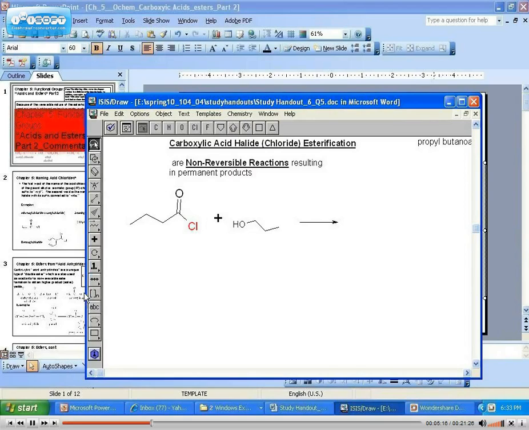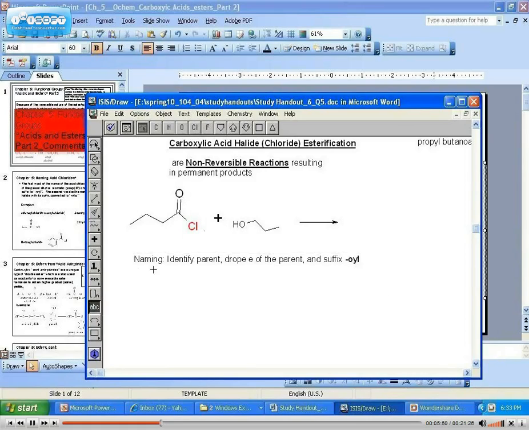As far as naming goes, when it comes to naming these acid halides, we're going to go ahead and identify the parent. We then drop the E of the parent and add the suffix oyl.